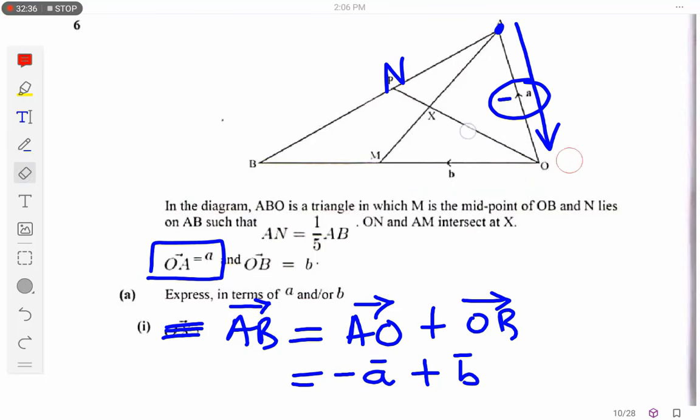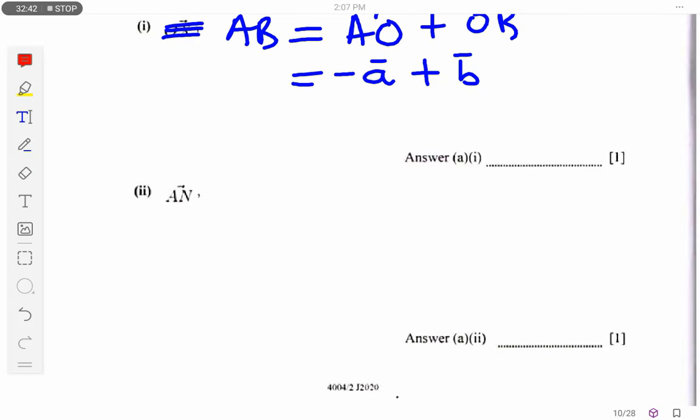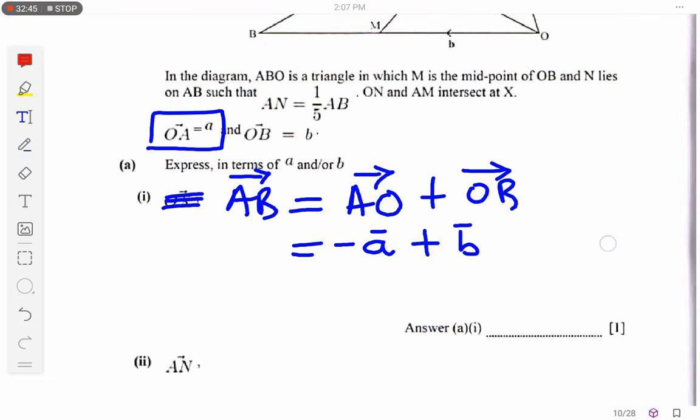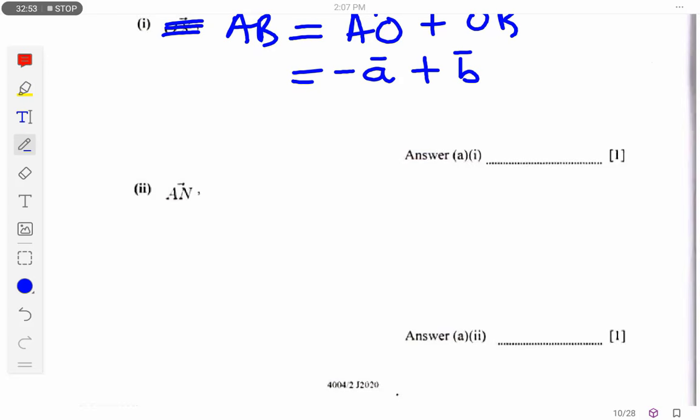Let's move on to the next question. Normally these questions just follow each other. We are now looking for AN. We are given AN is equal to 1 over 5AB, that's why I was saying there was a typo error on our Zimsec paper.